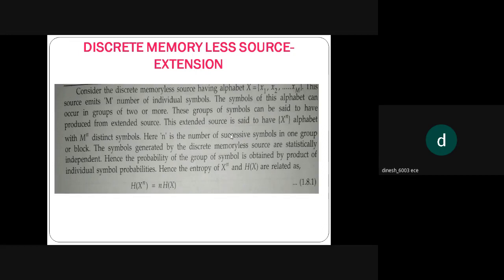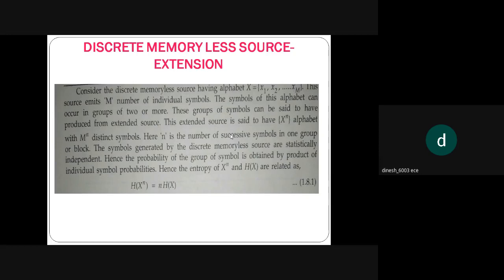In the same case, we are going to extend it further by introducing entropies. Consider the same source having x1, x2, x3, x4 till xn, a discrete memoryless alphabet having capital M number of individual symbols.